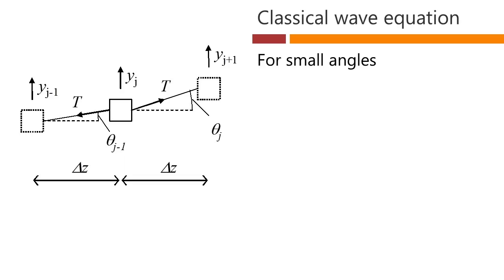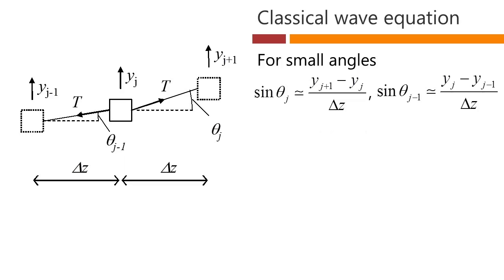Now, for small angles, we presume we can approximate the sine by just the angle. So this angle theta_j for small angles is just the ratio of the vertical to the horizontal. So it's this distance vertically here divided by the delta z.